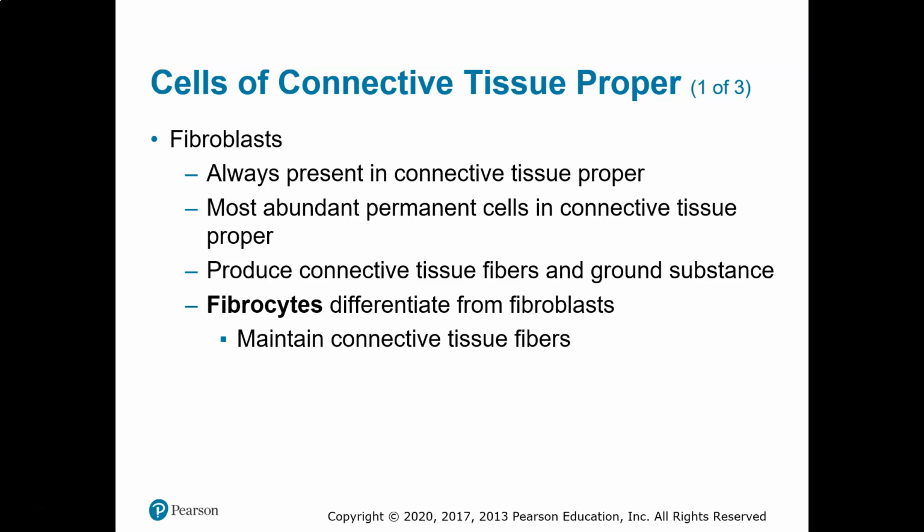The cells of connective tissue proper include fibroblasts, which are cells which produce the collagen and the elastic and the reticular fibers. They're always present in connective tissue proper, and they produce connective tissue fibers and ground substance.